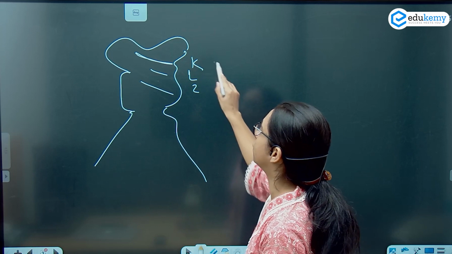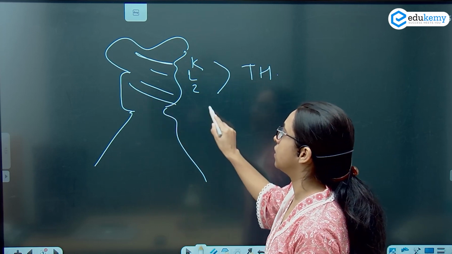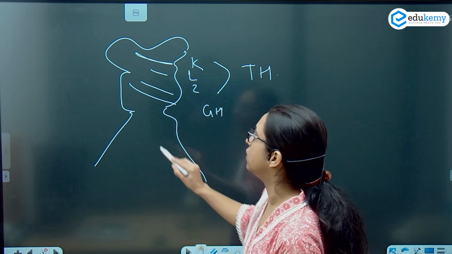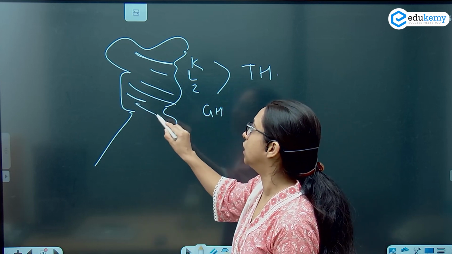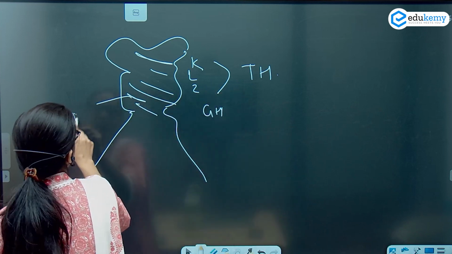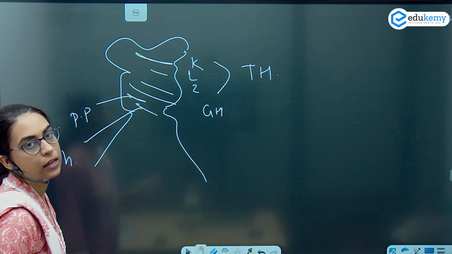These are the part of your Trans Himalayas. We have Greater Himalayas. Then there are local ranges like the Pir Panjal and the Dhauladhar. These are also part of the Himalayas.